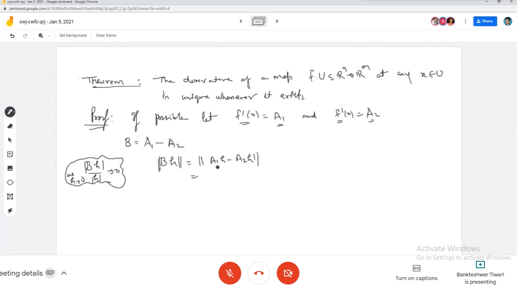Instead of exploring this a1, because I have to manipulate something, I'm adding and subtracting this f(x plus h) minus f(x).